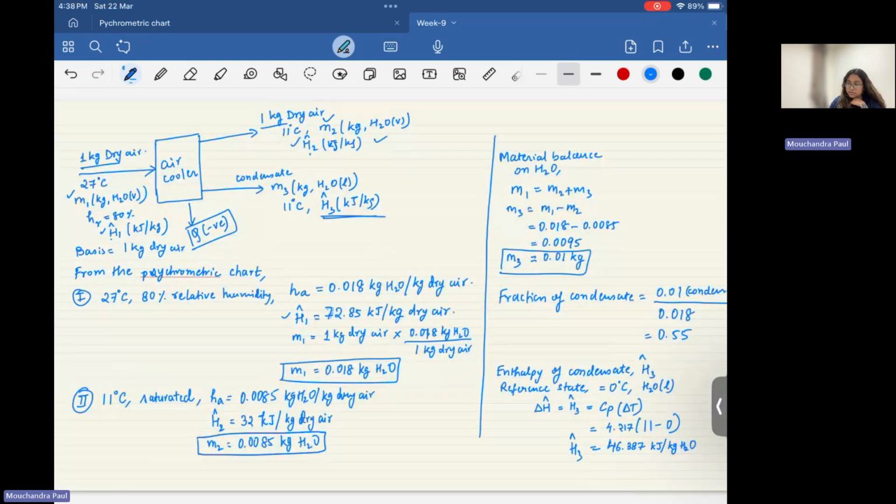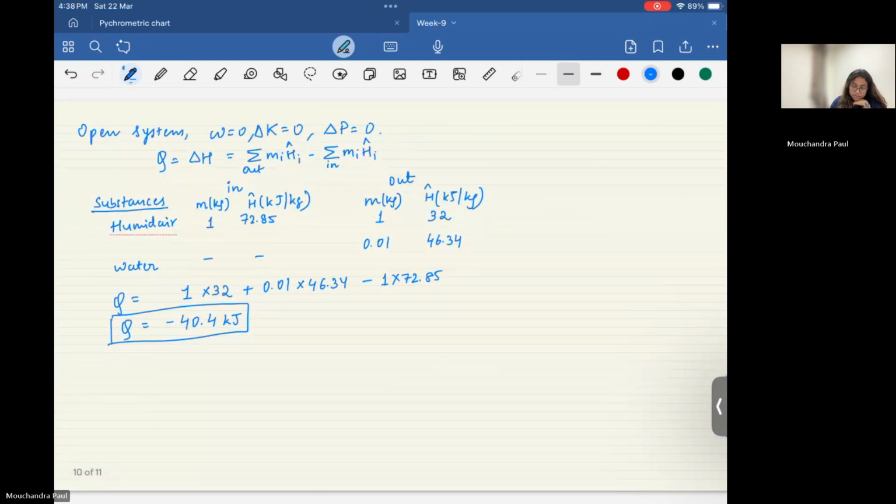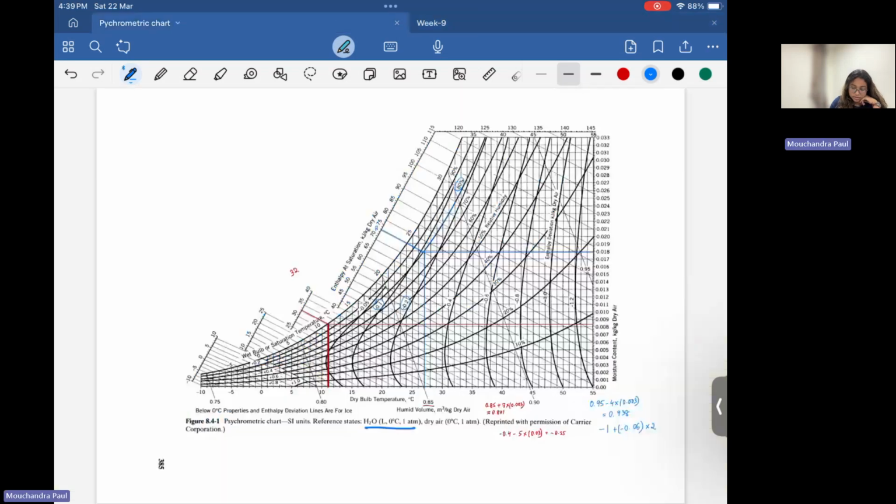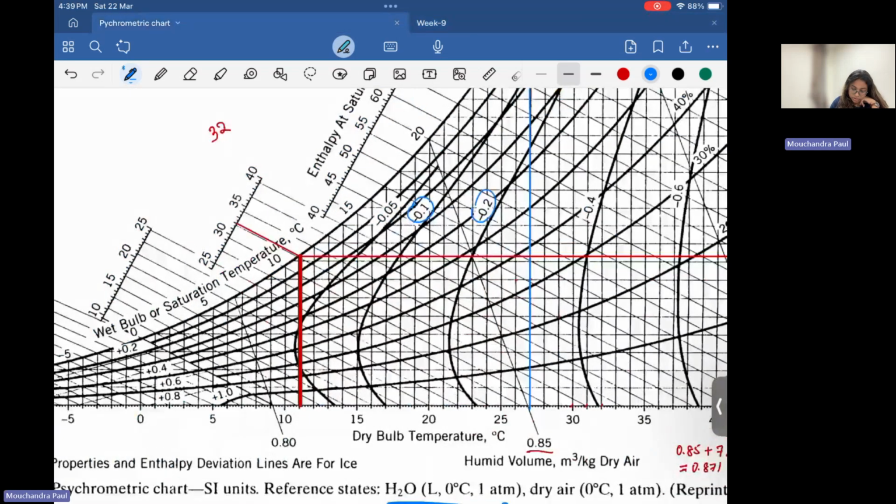So do this at 11 degrees Celsius. What is the humid volume at 11 degrees Celsius and saturated air? Go back to the psychrometric chart. It should lie between 0.8 and 0.85.